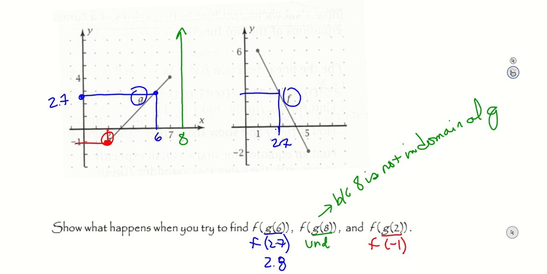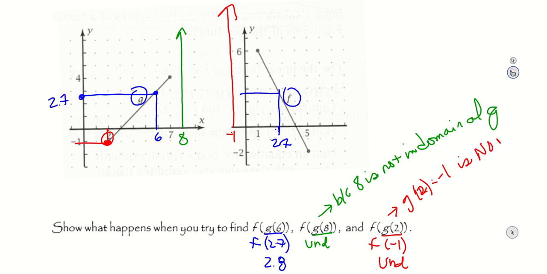Now I want to go to -1 on the F graph, so -1 would be here, and I follow that up, and I never intersect my graph. So this is undefined, and this is undefined because G of 2, which was -1, is not in the domain of F.